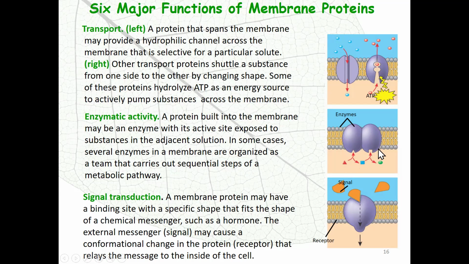In any metabolic pathway like glycolysis or the TCA cycle, in every step an enzyme is required. So some of the membrane proteins have enzymatic activity, and they can act singly, alone, or collectively.